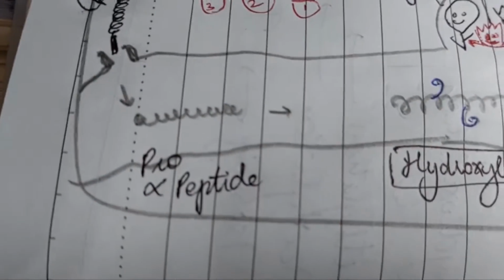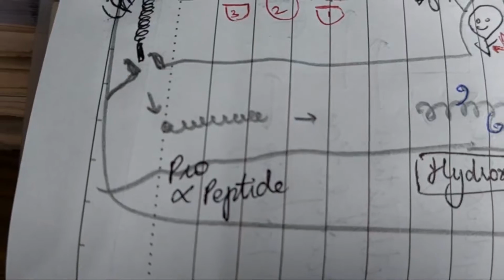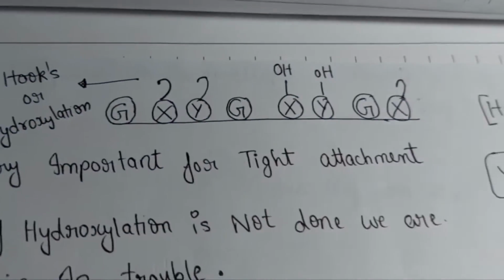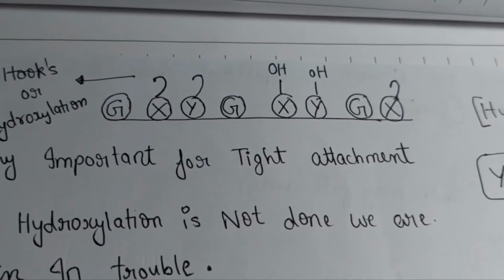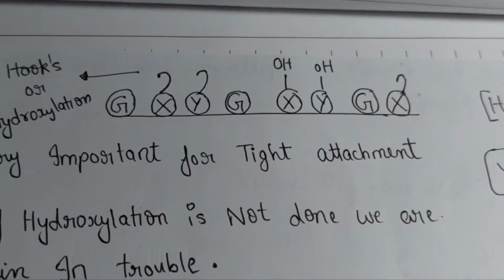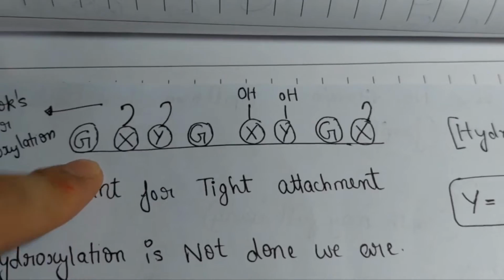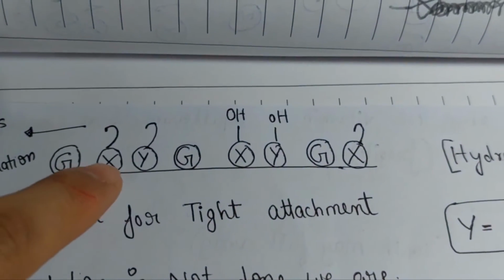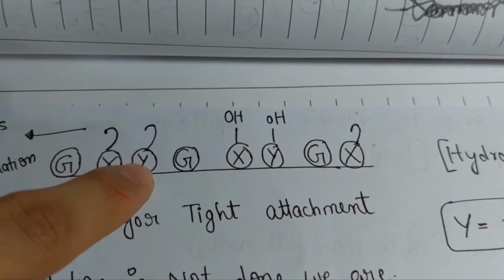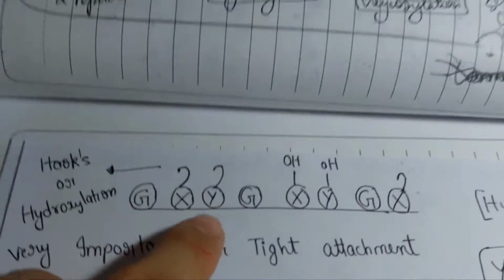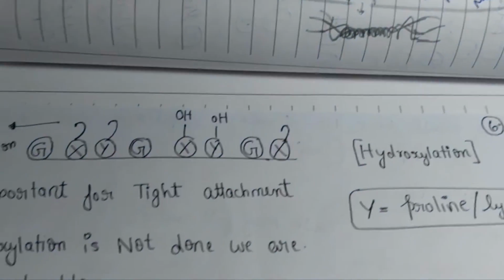So as we discussed about the pro alpha peptide and the amino acid sequence of the alpha peptide, we remember that every third position is glycine, and that at the Y position we can have either proline or lysine.